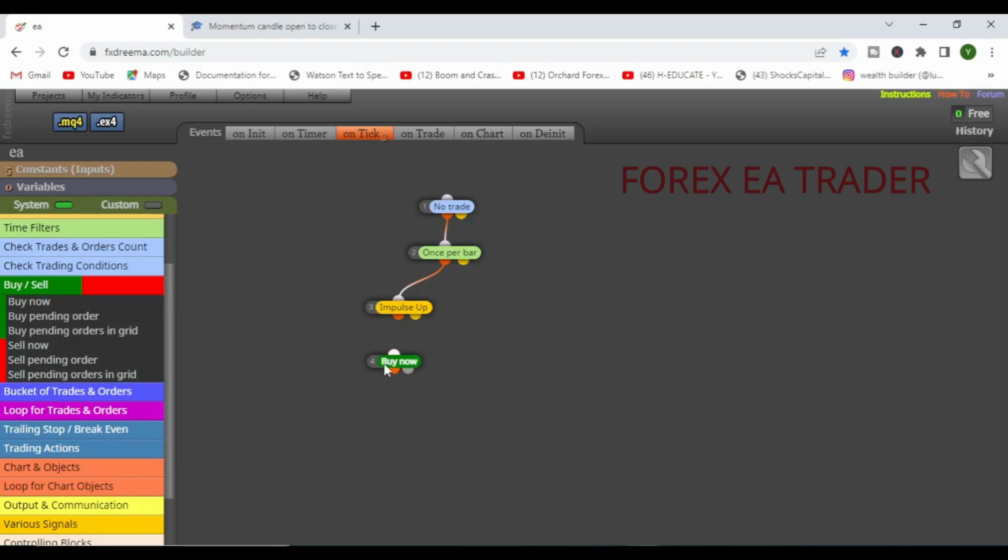That was a buy. I think just to be safe, we don't use the buy block, because this will be the market execution.